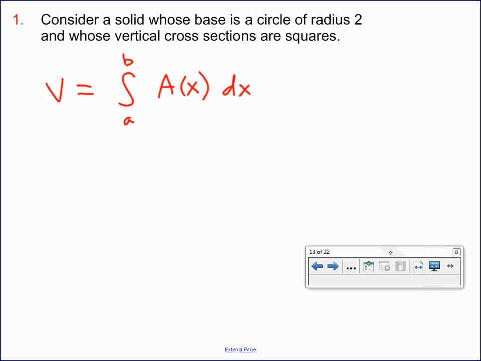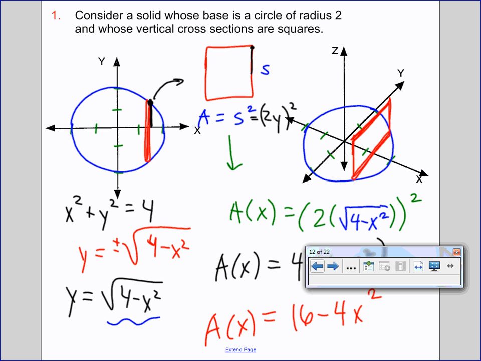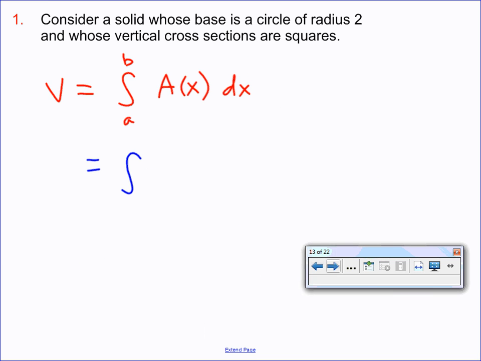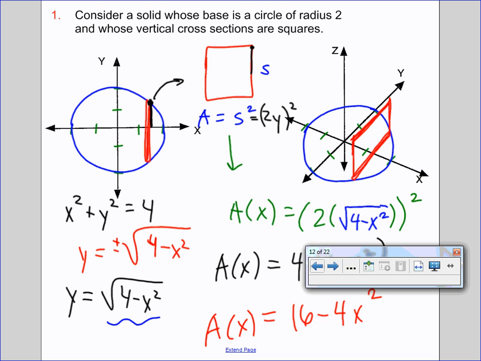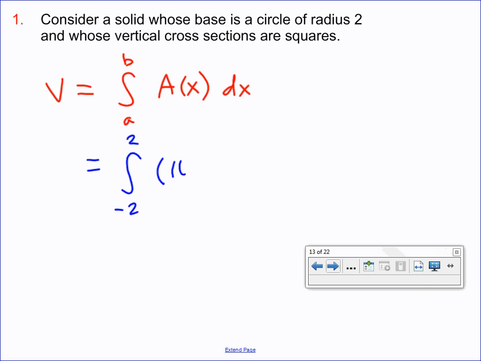All right, so for us, that would be the integral from leftmost x value of possible slices, which would be negative 2, up until rightmost x value, which would be 2. My A of x is 16 minus 4x squared. And my delta x is shrunk to dx with respect to x.